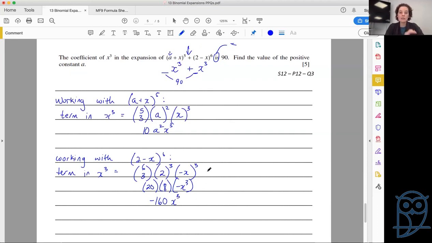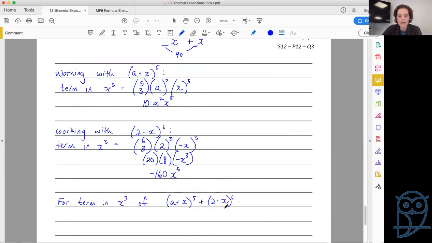So now we've got our x cubed element from the first, our x cubed element from the second. We can combine them and build this equation. So for the term in x cubed of a plus x to the 5 plus 2 minus x to the 6, we would say 10a squared x cubed plus minus 160 x cubed.